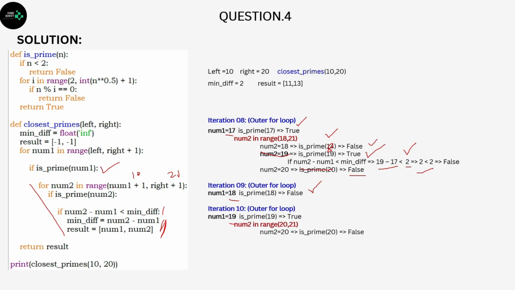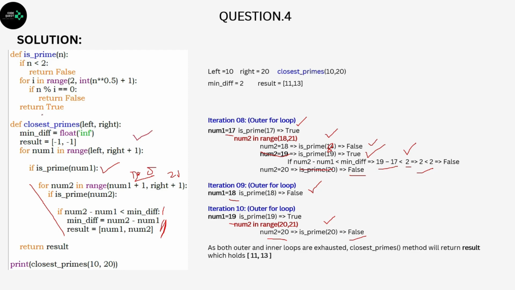So once we get into this inner for loop, num2 will start with 19 plus 1, which means 20, and this goes up to 21, so 20 only once. So num2 will be 20. When I check is prime on 20, I am going to get false. Hence, there is an end of this inner loop, and we have also reached the end of the outer loop here.